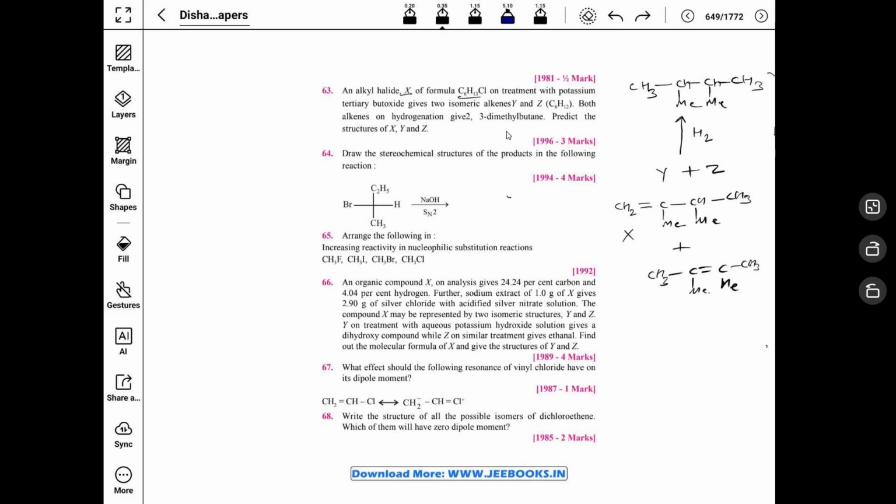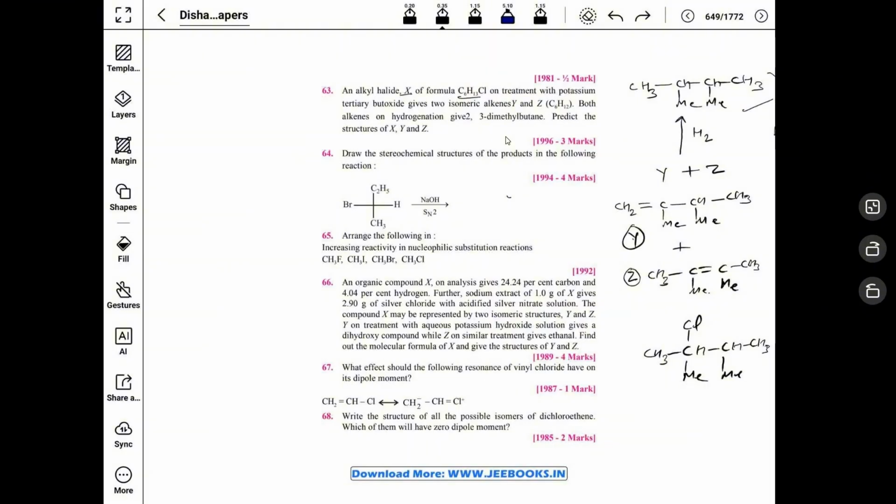So either of these could be Y or Z, because now you can see that if hydrogen adds to this, you will get the same product. Now we have to understand what could be the structure of X. So you have to put the chloro on the second carbon. So let's put chloro here. Even if you put chloro here, it is the same structure.